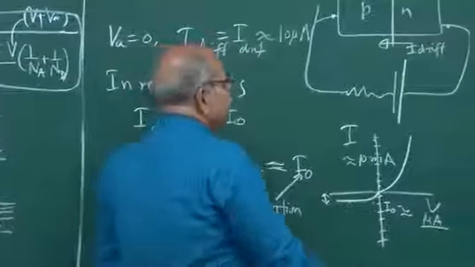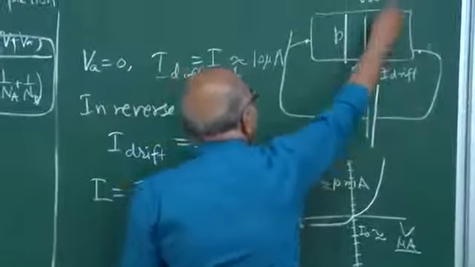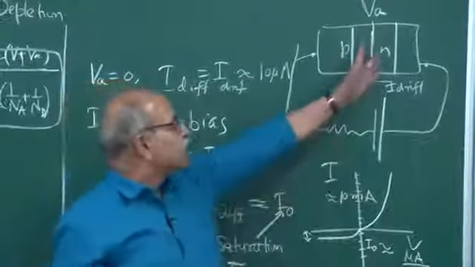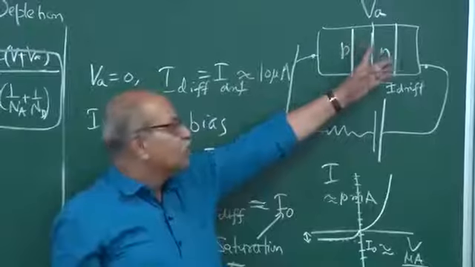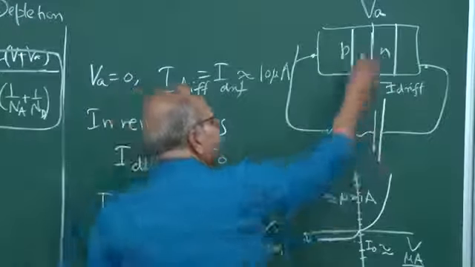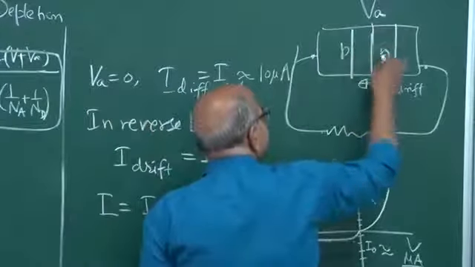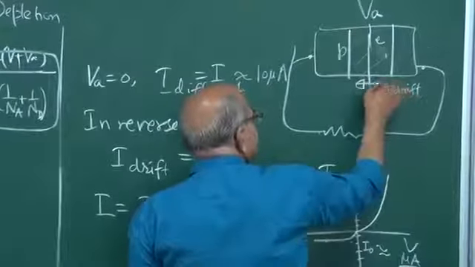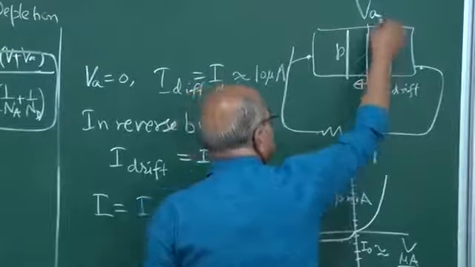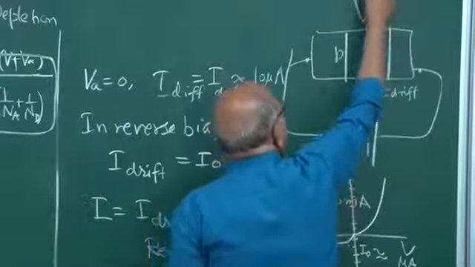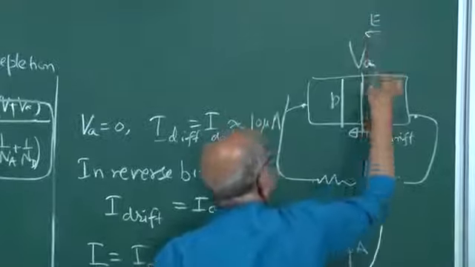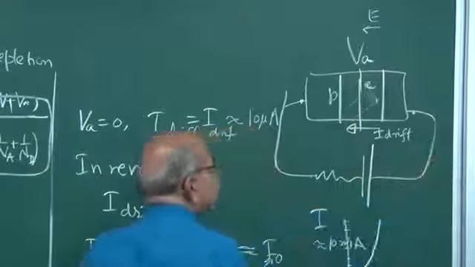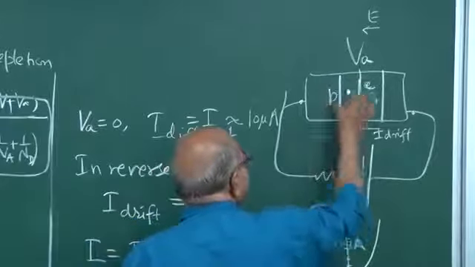So, an electron-hole pair is generated in this depletion layer, and this is the direction of electric field, and therefore, the electrons will go in this direction and holes will go in the opposite direction.